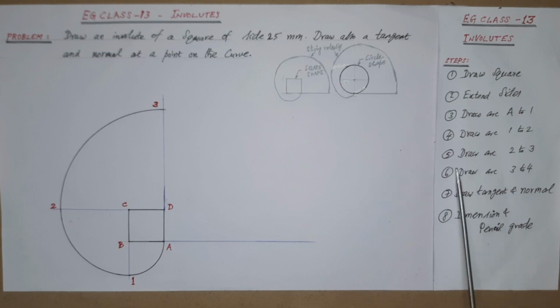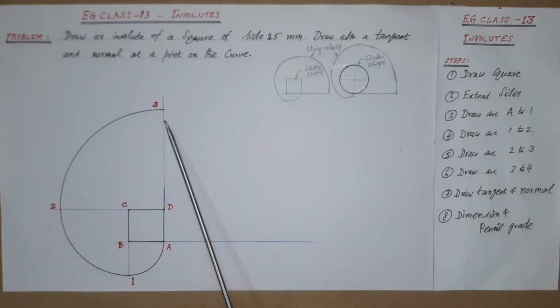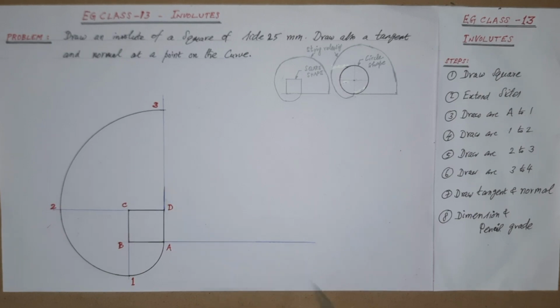Next, as per step 5, draw an arc 2 to 3. For this, similarly taking D2 as radius with the compass, draw an arc from D as center. It meets the AD extension line. Mark the meeting point as 3 as shown.